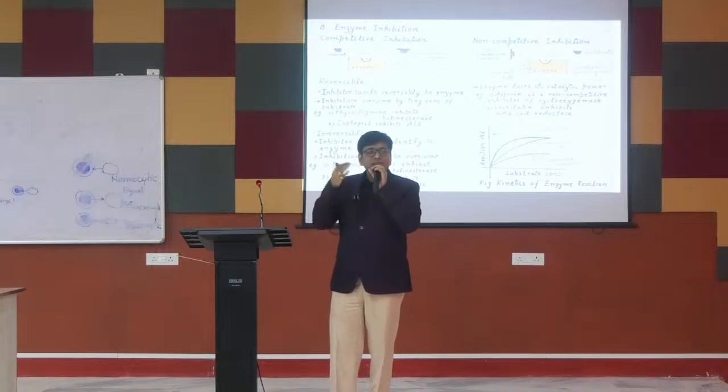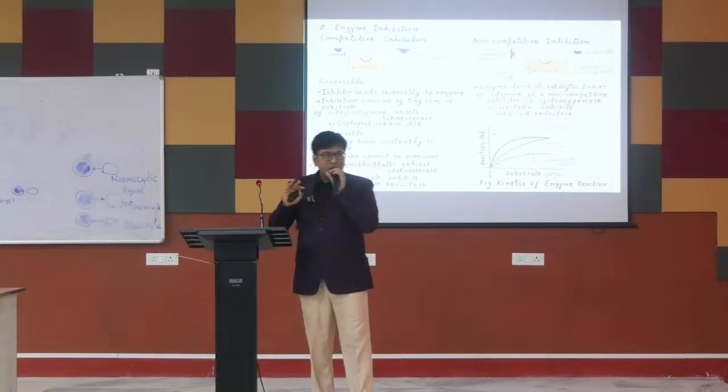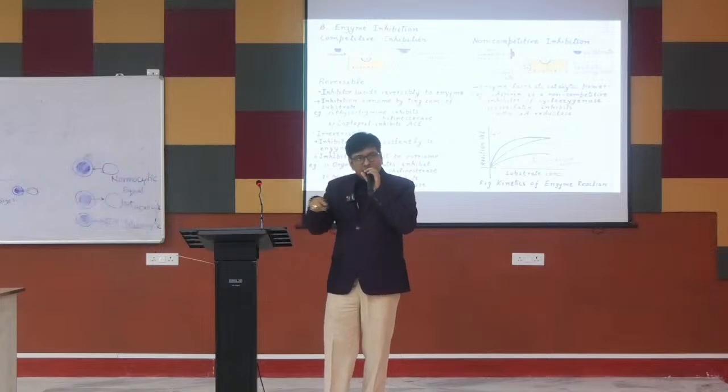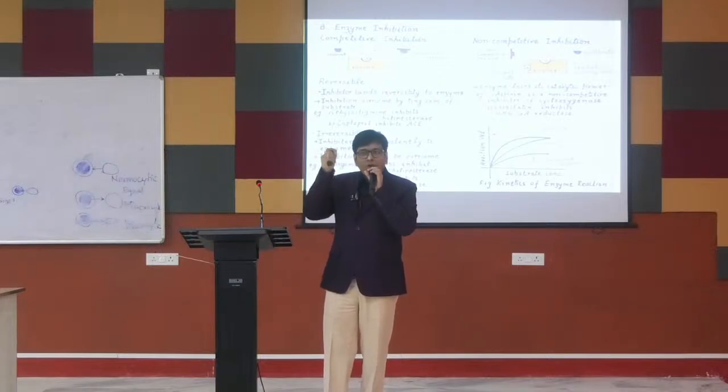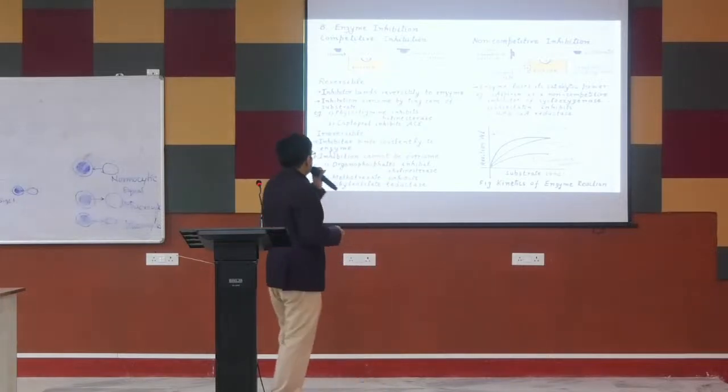They inhibit various enzymes in our body and thus they disrupt the ongoing disease process. Something wrong is happening inside the body. Our body enzymes are responsible and taking part in that pathological process. The drug goes and inhibits that enzyme and helps to reverse that pathological process. That is enzyme inhibition.